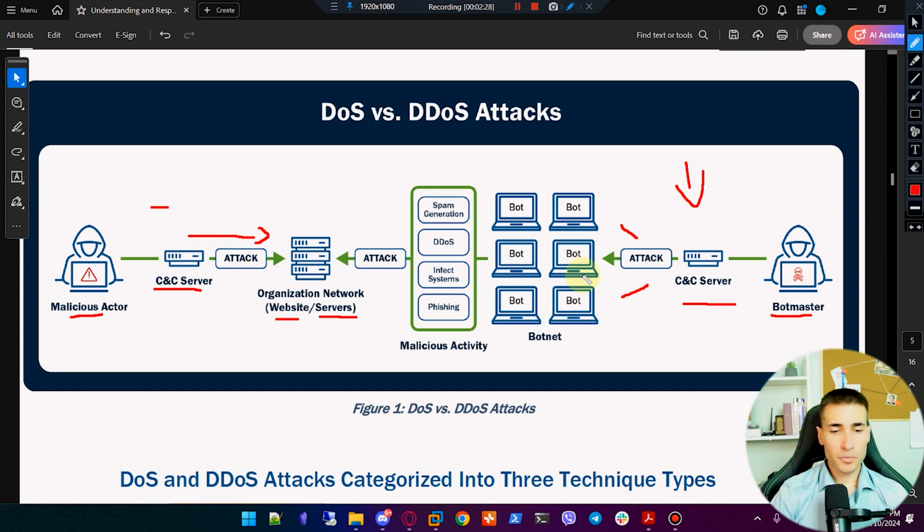So this type of attack, denial of service, is extremely relevant. We should understand the ins and outs of it because it is the go-to technique for attacking organizations. Why? Because it's really cheap.